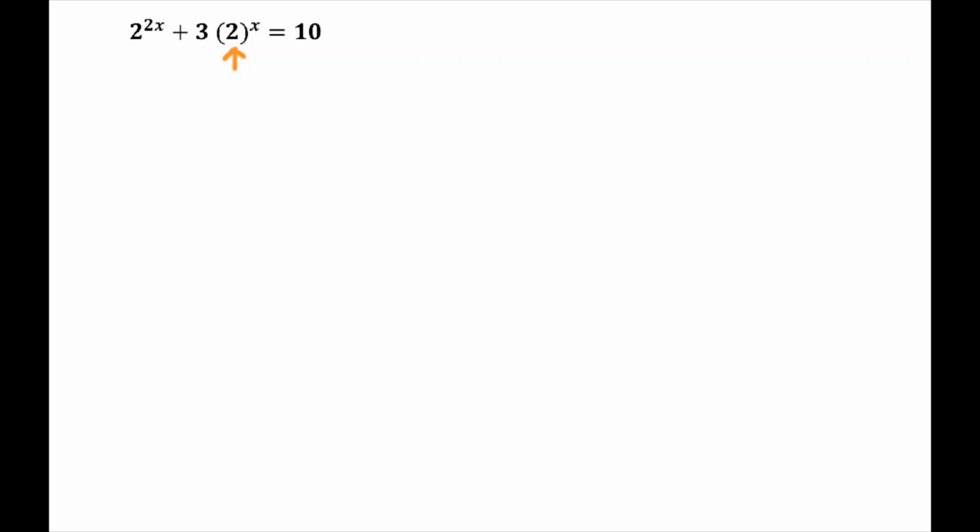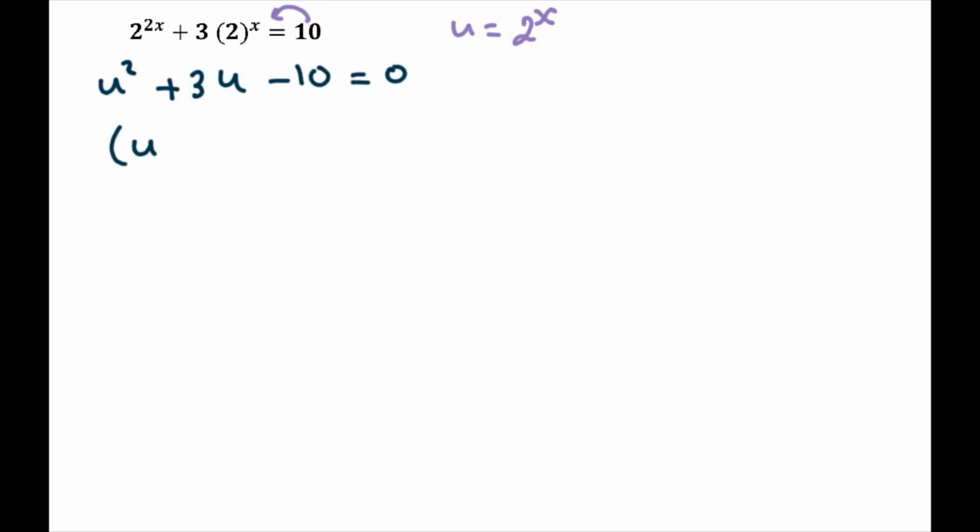You take only whatever base and power you have in the middle. So u is equal to 2 to the power of x. I'm going to move the 10 because I have to make it equal to 0. So this is going to be u squared. Remember, 2 to the power of x to the power of 2 is u squared, plus 3u minus 10 equal to 0, and then you factor.